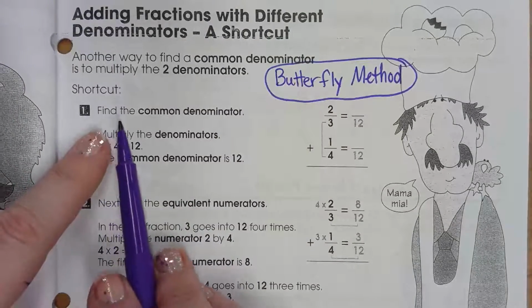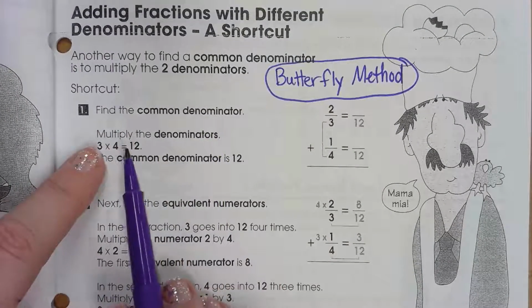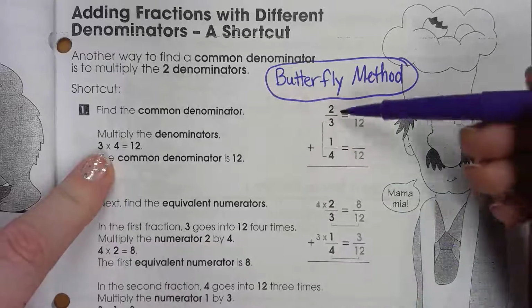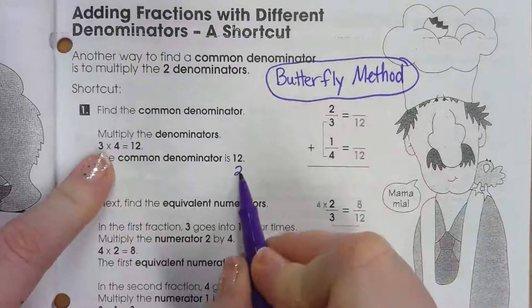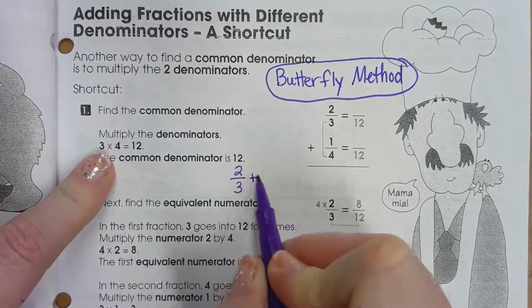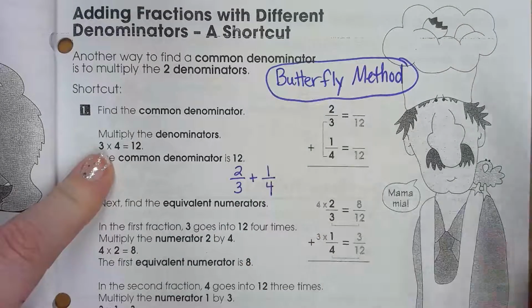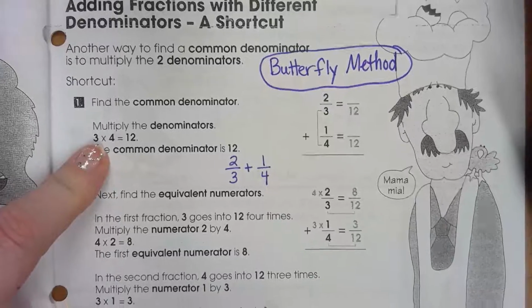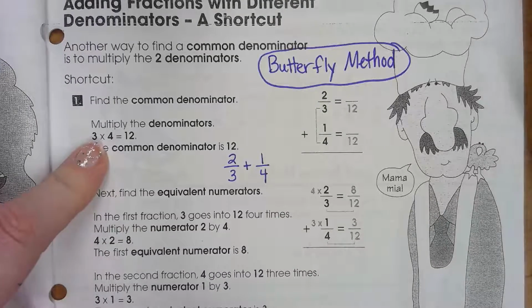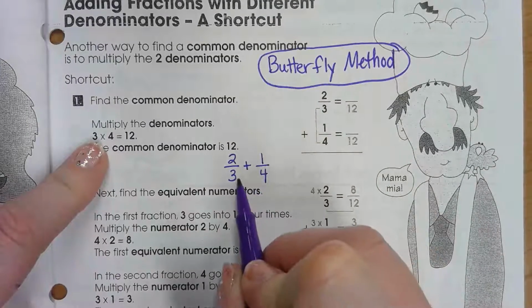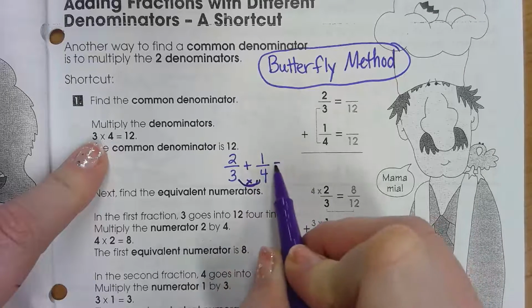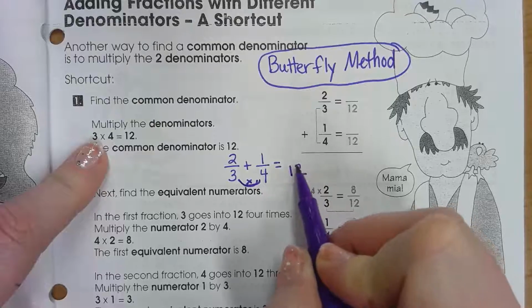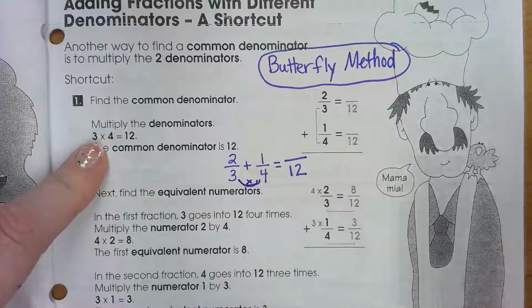So it says, find the common denominator. Multiply the denominators. So we have 2/3 plus 1/4. And sometimes the problem would have been written horizontally. That makes our butterfly method easier, because if I multiply my denominators 3 times 4, I get 12, right?